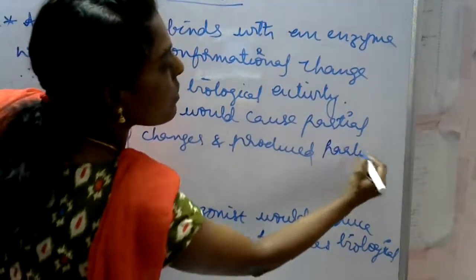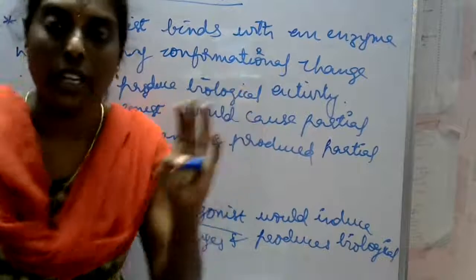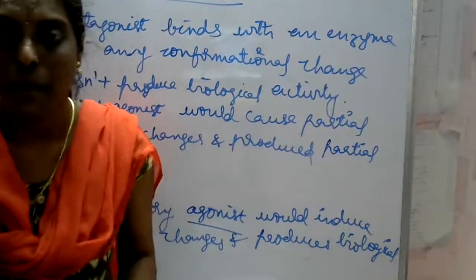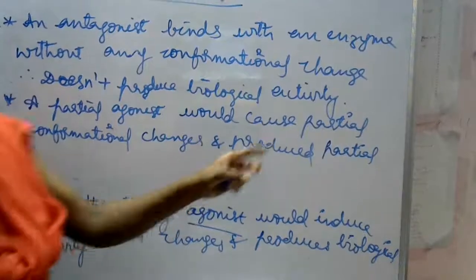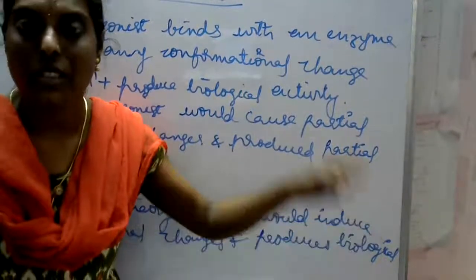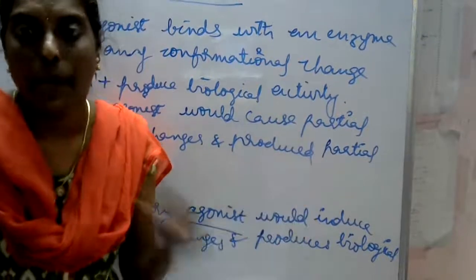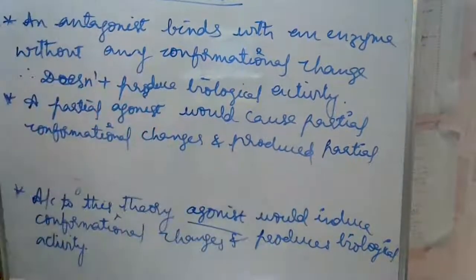Partial response, not the full response. If it is full, it is called an agonist. Since it does not produce a full biological response but a partial one, it is called a partial agonist.